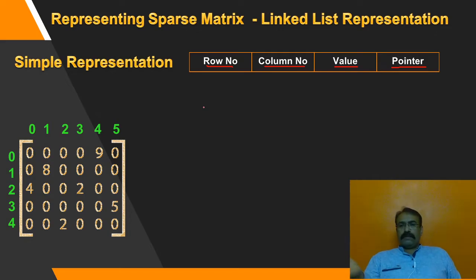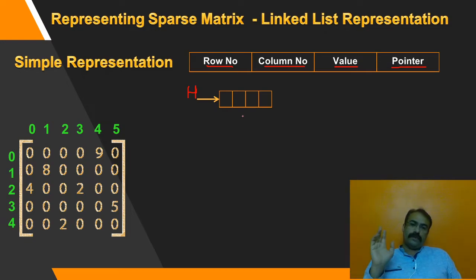How can we represent this sparse matrix into a simple representation of a linked list? We are going to have a simple linked list, with all the nodes one by one. This is a head node, a head pointer. We are always going to have a head pointer which will be pointing to the first node.